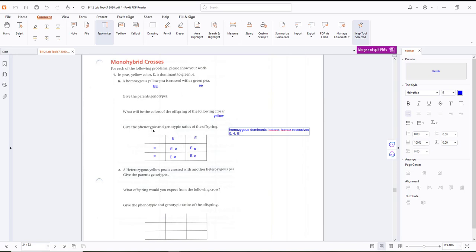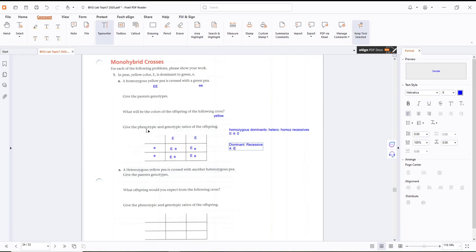Now for the phenotypic ratio, we do the same thing. We do the number that have the dominant phenotype to the ones that have the recessive phenotype. So how many have the dominant phenotype? How many have the recessive?